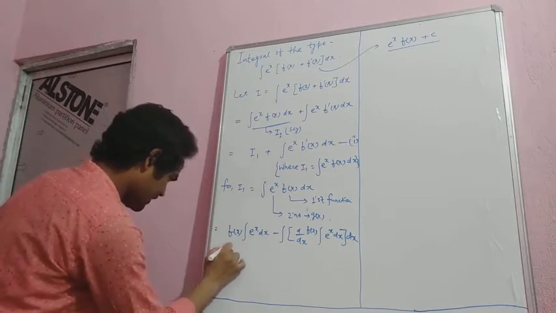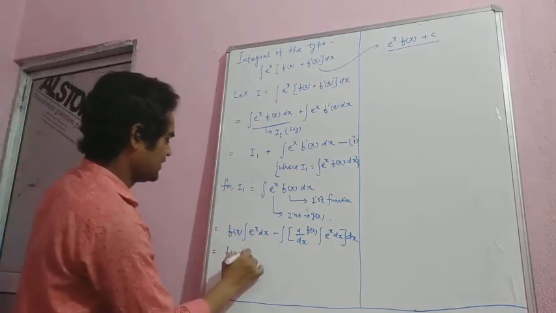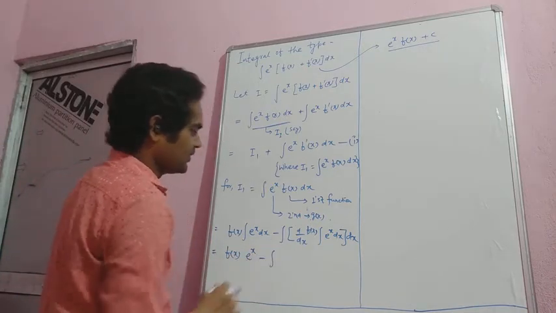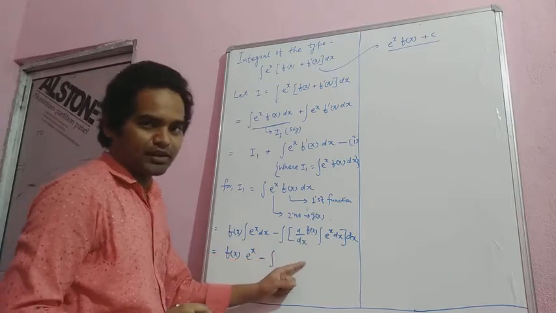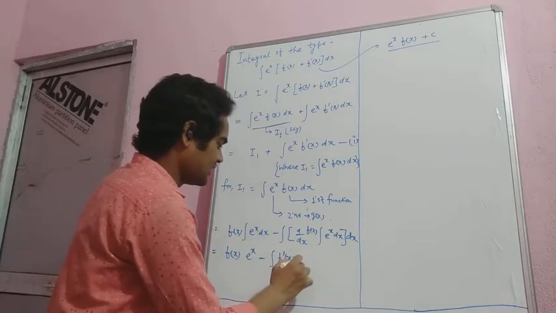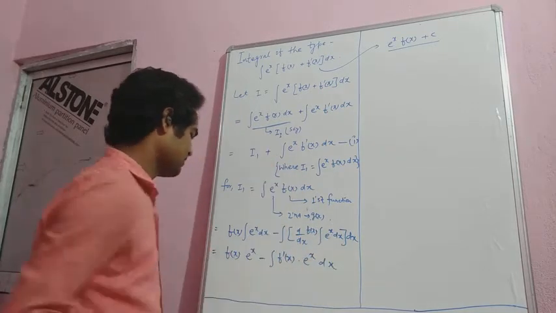Now students, the integral of e to the power x is e to the power x, minus the integral of the derivative of f(x) with respect to x, which is f'(x), into e to the power x dx.